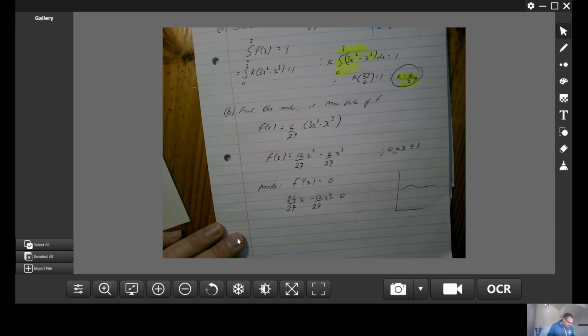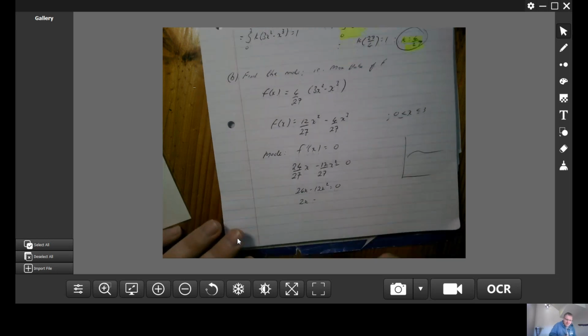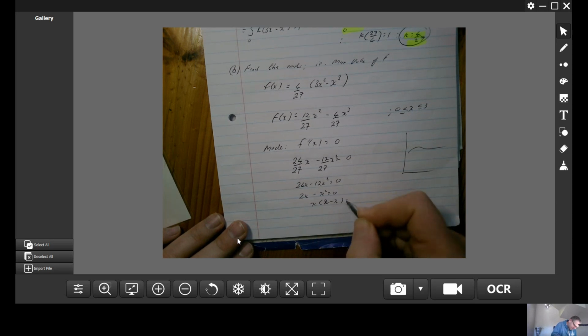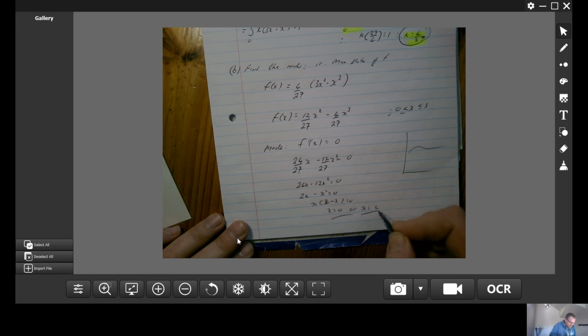We can get rid of the constants by multiplying by 27, you get 24x minus 12x squared is equal to 0. Divide by 12, 2x minus x squared is equal to 0, which gives us x times 2 minus x is 0, so x is 0 or x is 2.